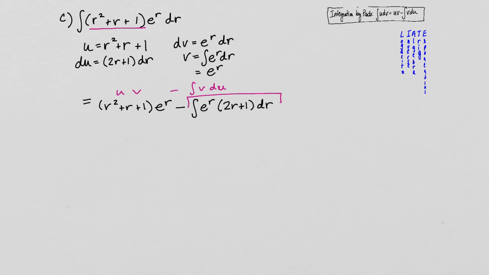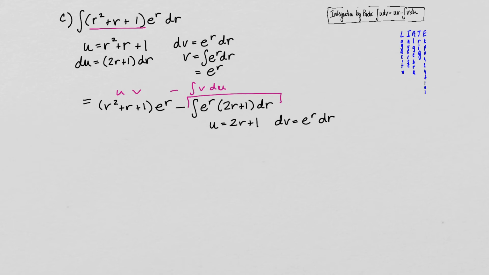So if you remember here, we let u be the algebraic function and we let dv be the e to the r dr part. You want to keep the same convention when you're doing that second integration. So here we're going to let u again be the 2r plus 1, the algebraic part, and we're going to let dv again be the e to the r dr part.